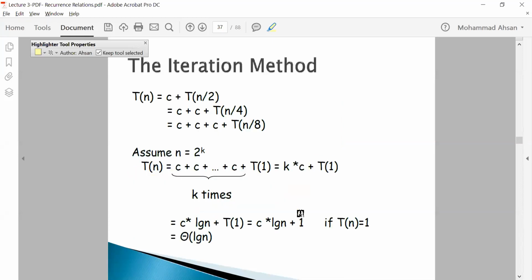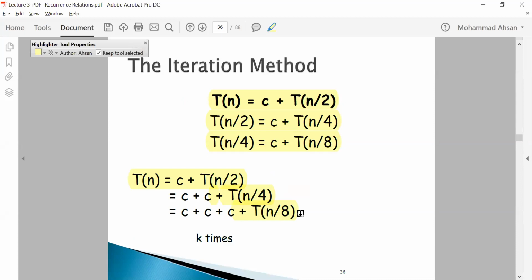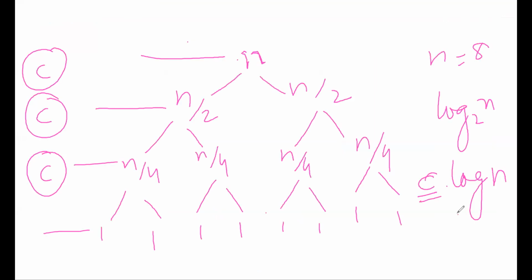So if you see in the next slide, when you do this substitution, what is the pattern here? So let me do it on the whiteboard. That's better. So you have Tn is equal to C plus Tn by 2. What is Tn by 2?